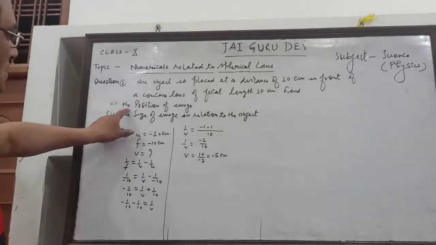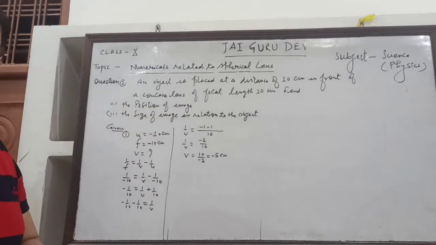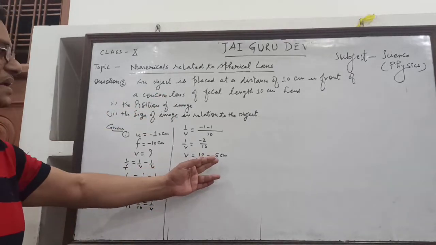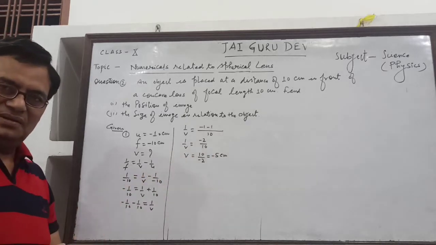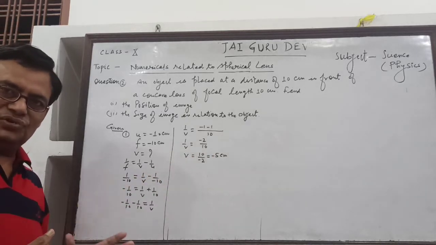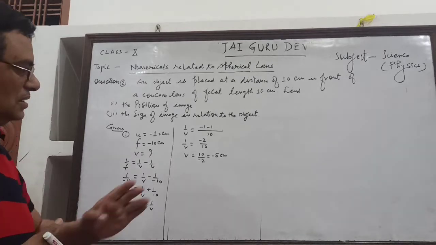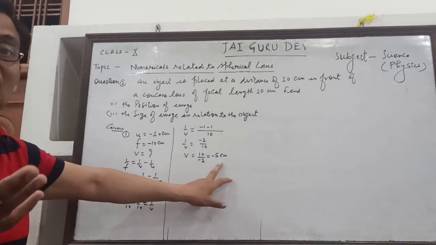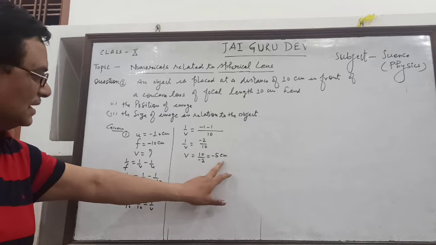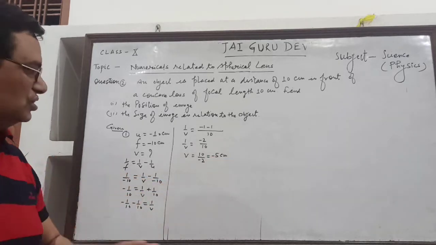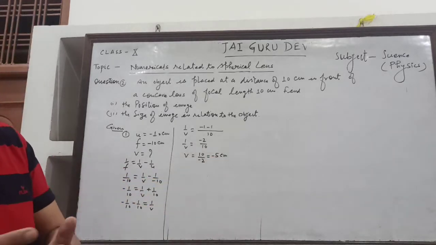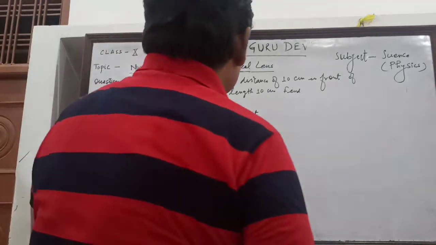So the position of image that we get is minus 5 centimeter. Minus sign indicates that the position of image is in front of the concave lens.